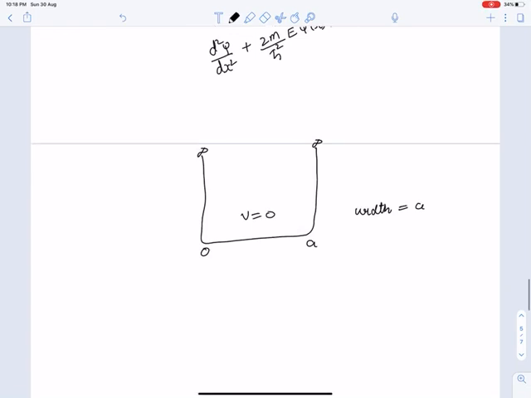For this the eigenfunction is under root 2 by a sine n pi x by a, where n is equal to 1, 2, 3, 4.